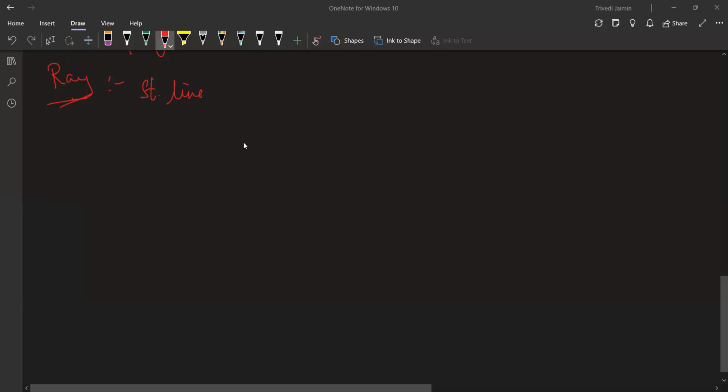So let's combine all the answers in one statement. How will we write it? A straight line path. Beam means path, beam means light.